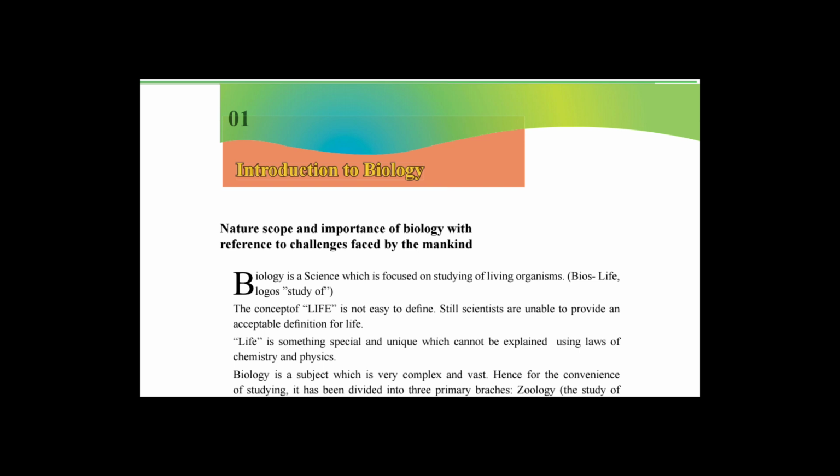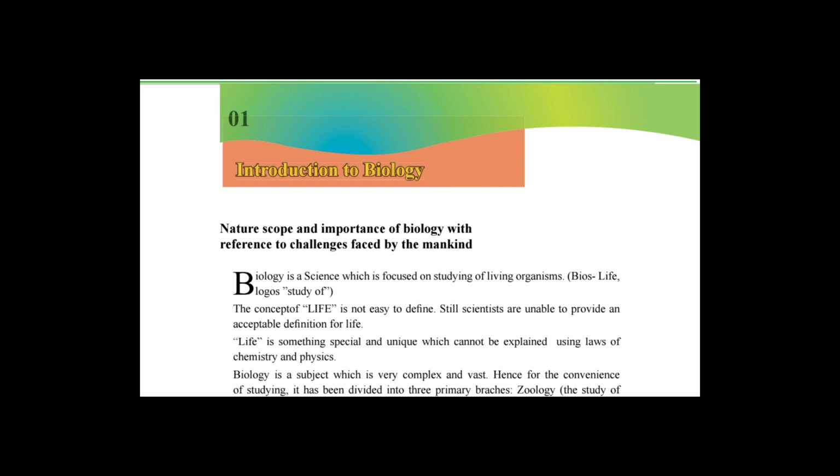All those things are called the introduction. After that, we will be studying issues. Issues means problems we face related to biology. We face many problems, and if we can solve them with biology, we are going to study about them, like issues related to biology.